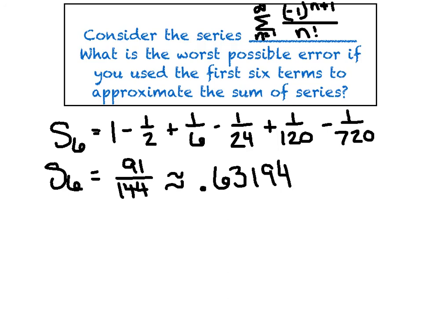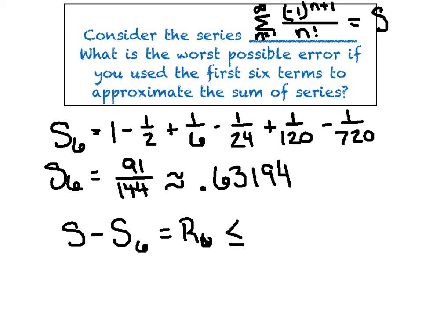We're wondering, how close is that to the real sum? Remember, S by itself represents the pure actual sum. We defined in the last example that the real sum minus our partial sum, that should be an S sub 6, the difference, is called the remainder or the error, and that's guaranteed to be less than or equal to the first omitted term.